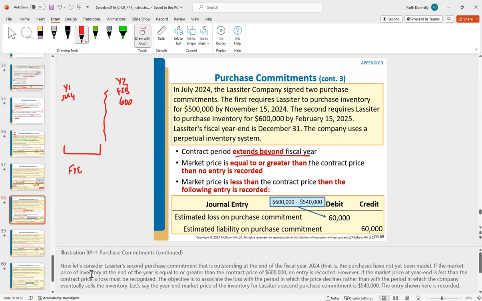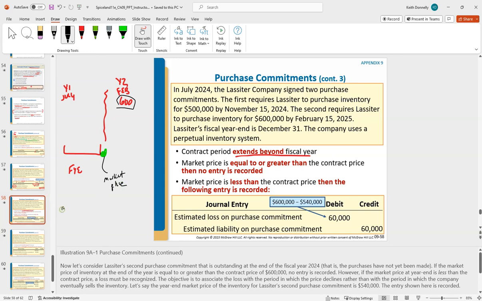If the market price of the inventory at the end of the year is equal to or greater than the contract price of 600, so what we do is we say, okay, end of the year, we look at these goods, what is the market price?